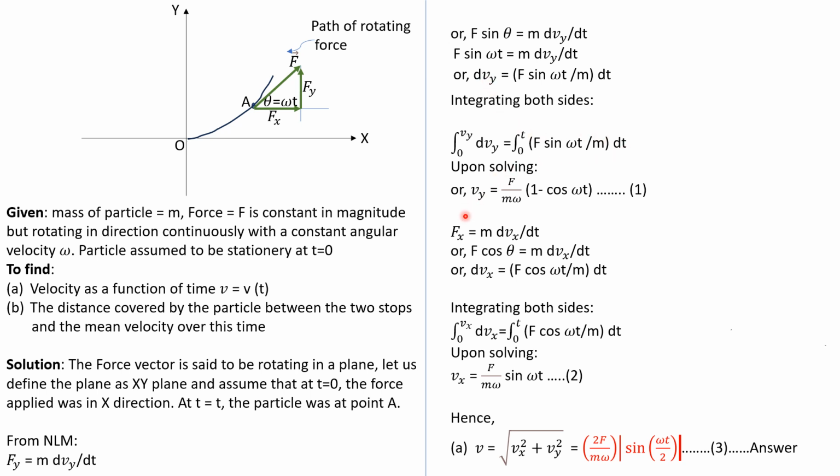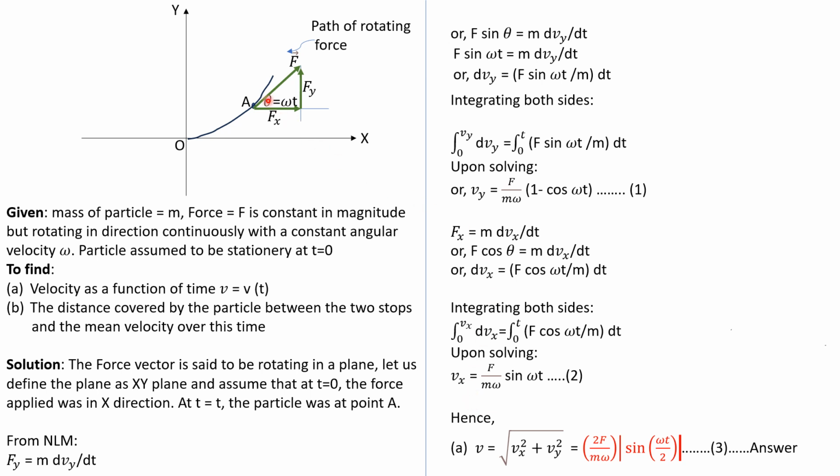Upon integration, we get equation 1, that is vy = F by m omega into (1 minus cos omega t). Similarly, we will calculate for force in the x direction, and we will reach equation 2.